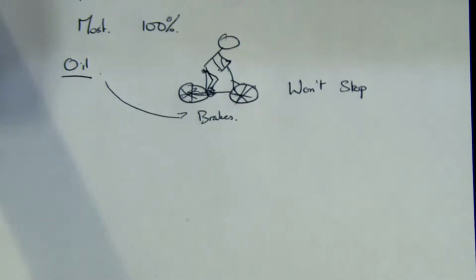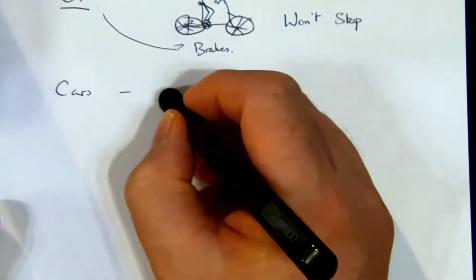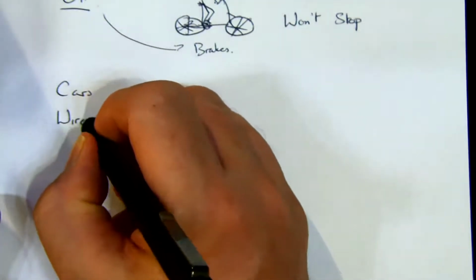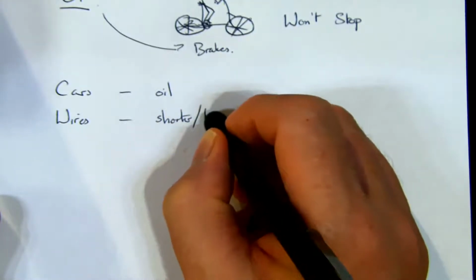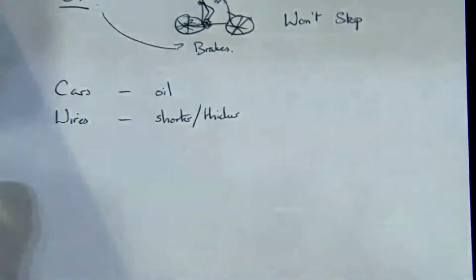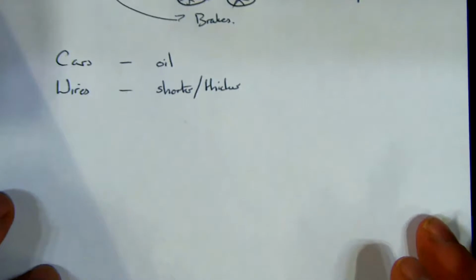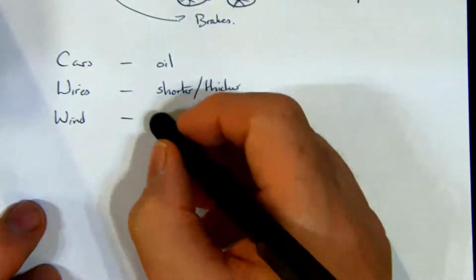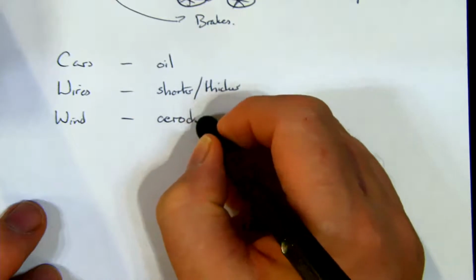So what can we use to try and make things easier? So with cars and other machinery, we can use oil to reduce the friction. With wires that get hot that we mentioned, well, we can use shorter and thicker wires. That will cut down the resistance. We've got wind resistance, and we can get rid of this by making things more aerodynamic.